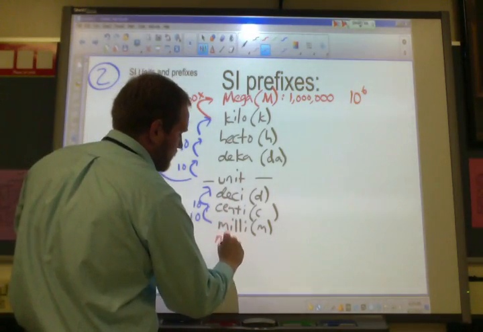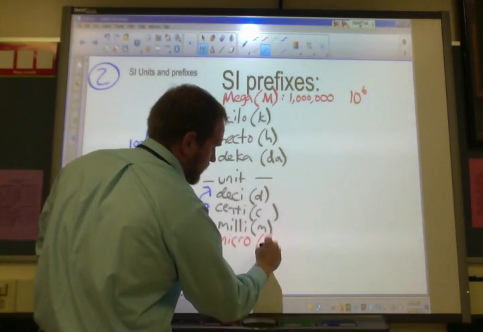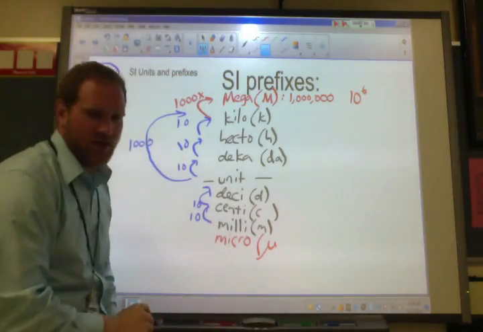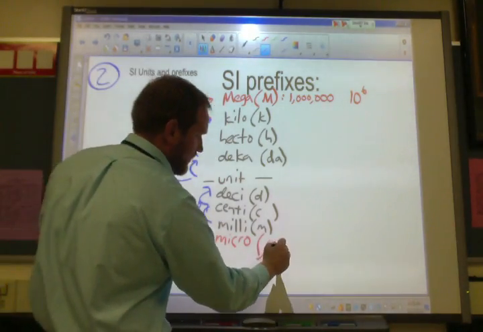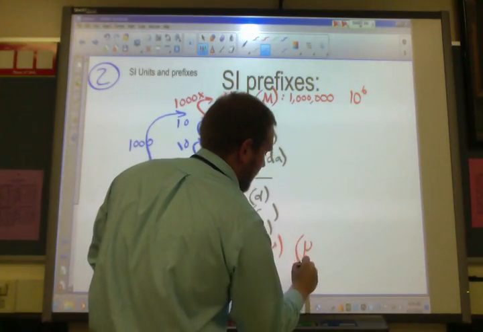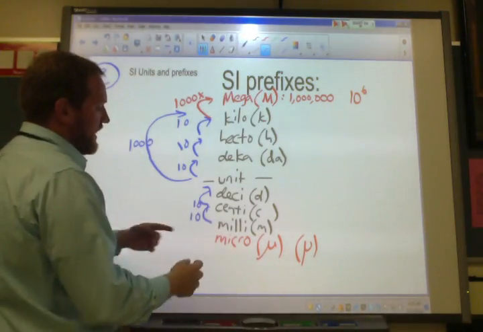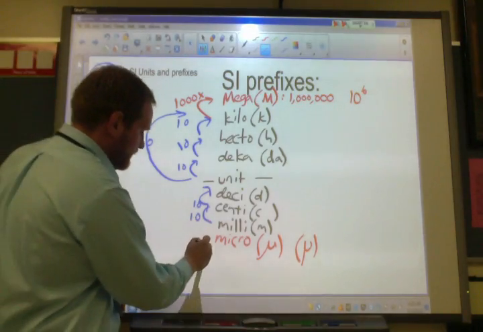Let's go down the other way. Down here is micro. And the symbol for that is the Greek letter mu, which looks almost like a U with a really long sort of stem on the front. Sometimes you also see it written like that. Micro is 1,000 times smaller than a millimeter.